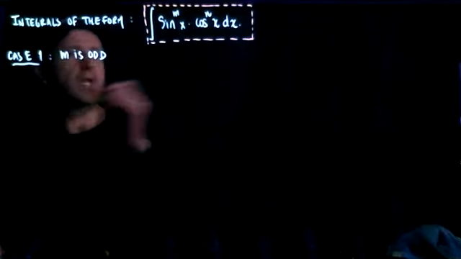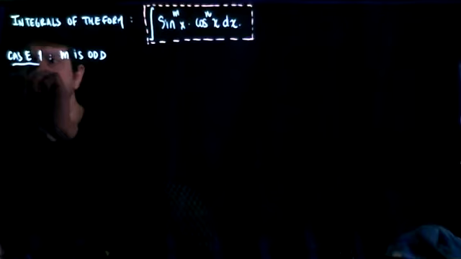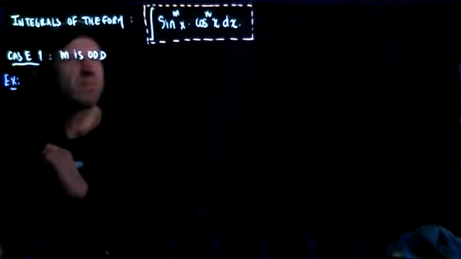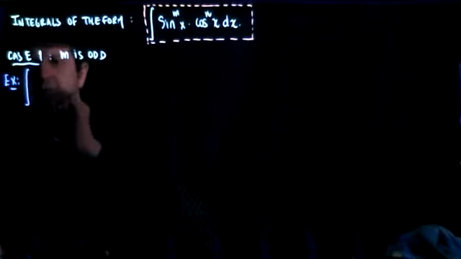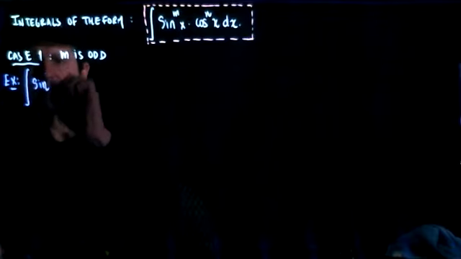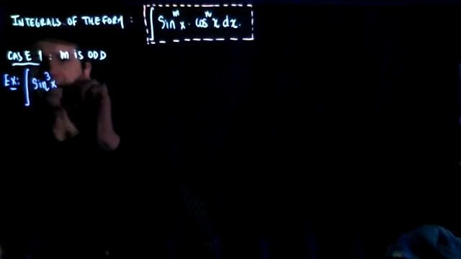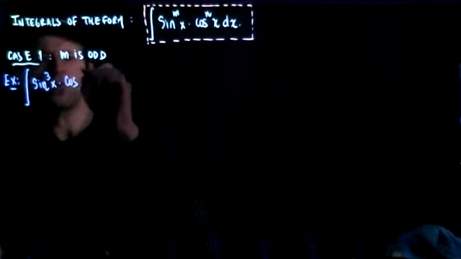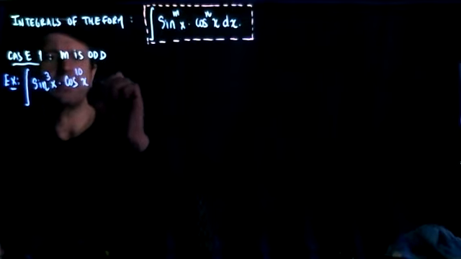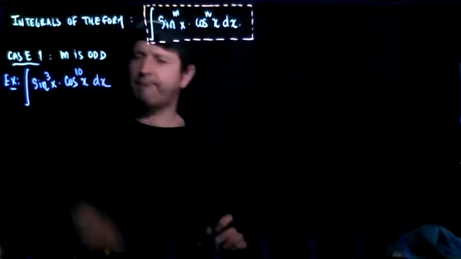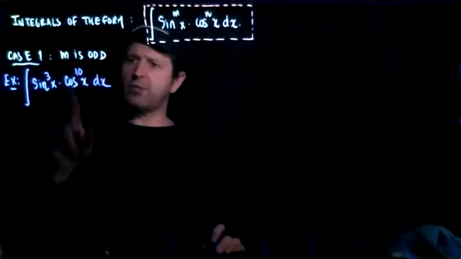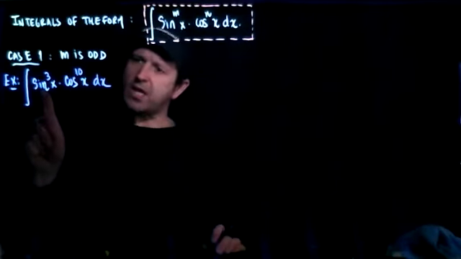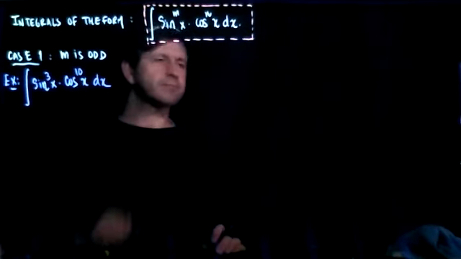You can understand with an example. Let's see the integral of sine cubed x times cos to the power 10 of x dx. So here's a case: sine to some power, cos to some power, but the sine has an odd exponent.